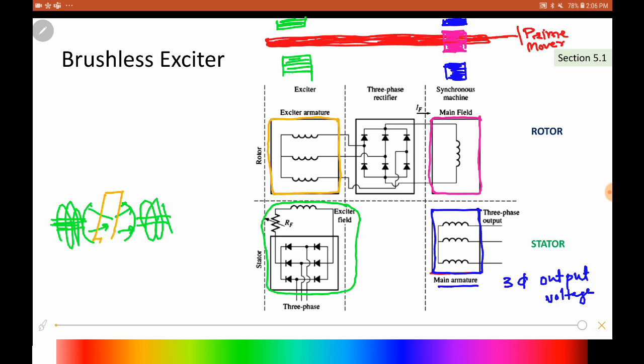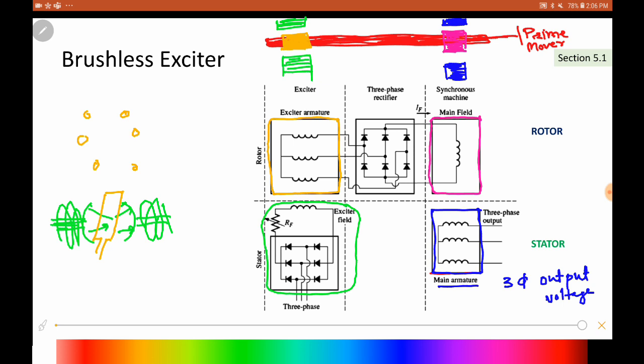So you have another set of, basically you have three sets of windings, which will generate the AC voltage. Okay, and so that is mounted over here. Okay, and that is mounted to the same shaft, which is the red one, right?